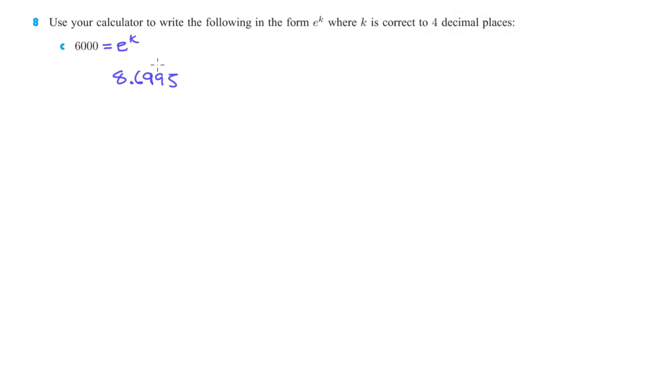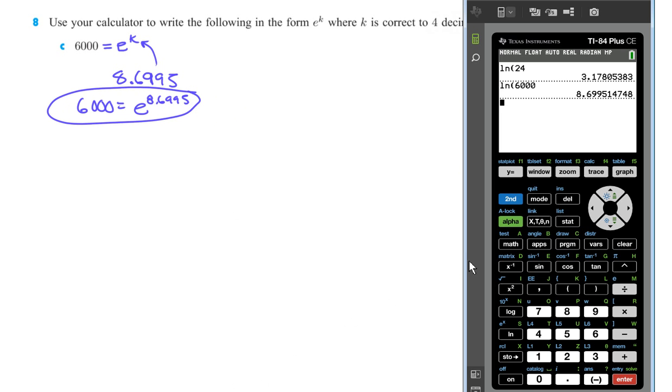So that means that's going to be this power right here. So 6,000 equals e to the 8.6995. Just to show you how this works, we'll do second e to the 8.6995, push equals, and look, there's our 6,000.